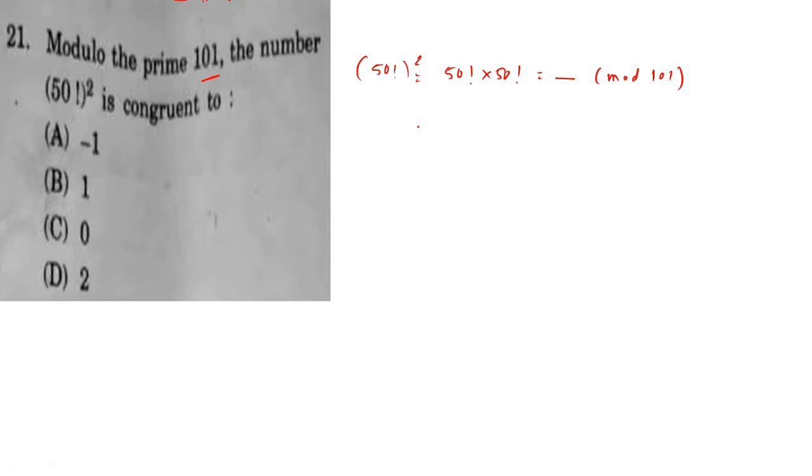Now I can write one 50 factorial as 1 into 2 into 3 into ... into 50, into 50 factorial, equal to some number mod 101.